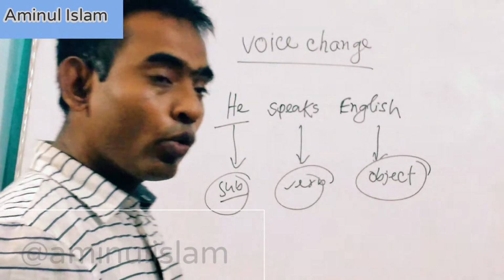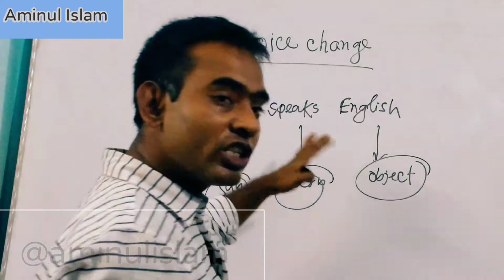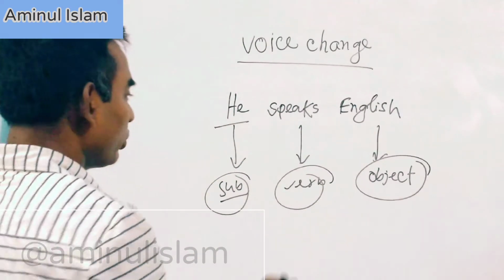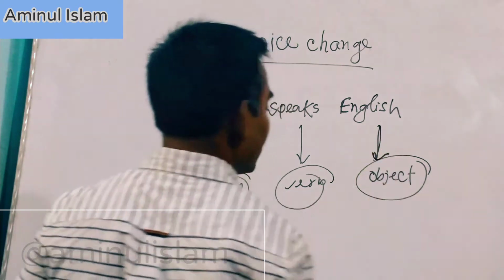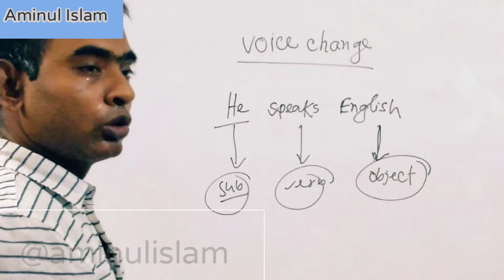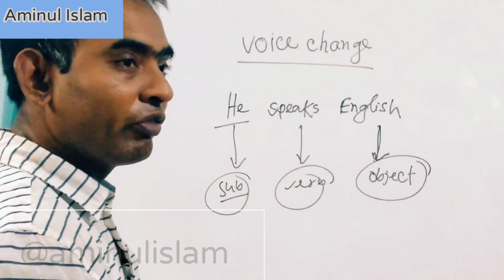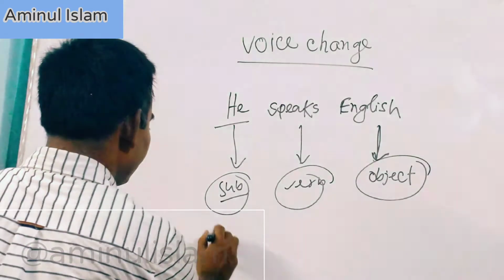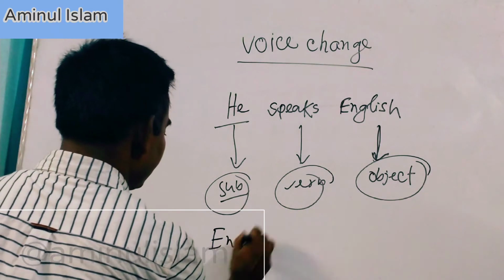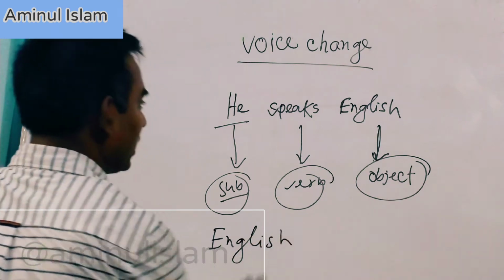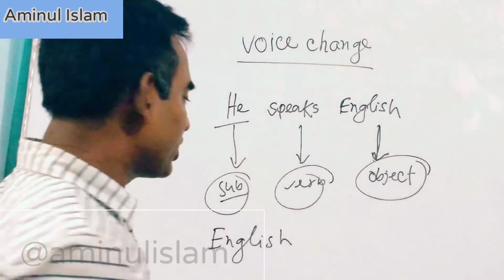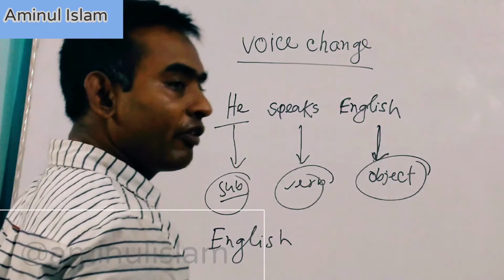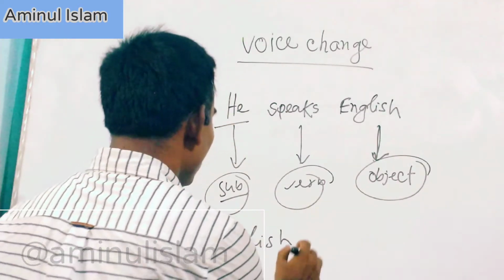How can we make this sentence into passive? We know that the object of active voice should be placed at the beginning of the passive voice. English. As the sentence is in present indefinite tense, the helping verb will be is.